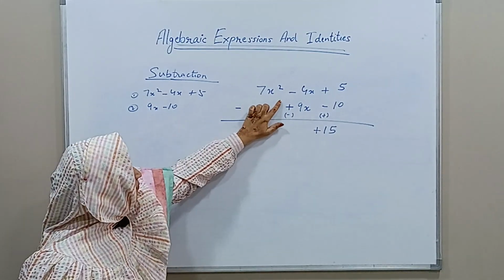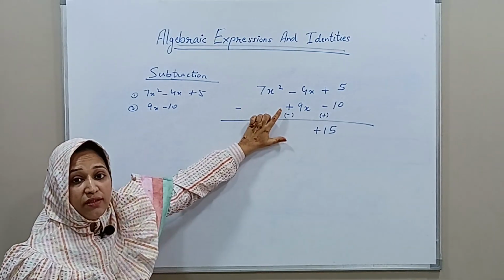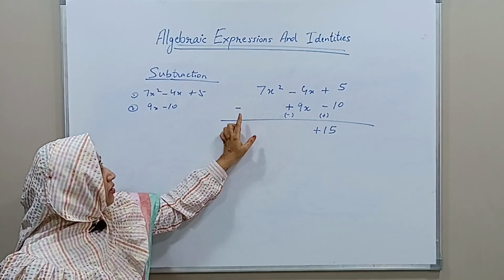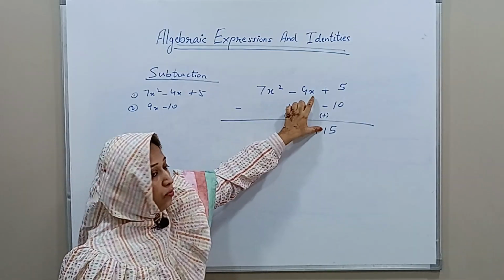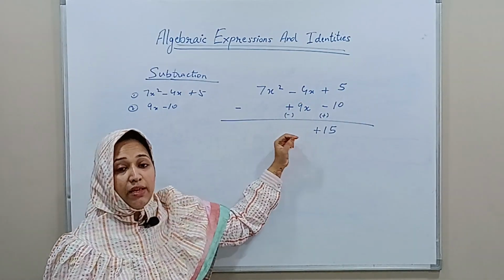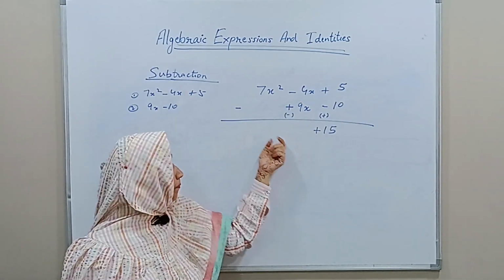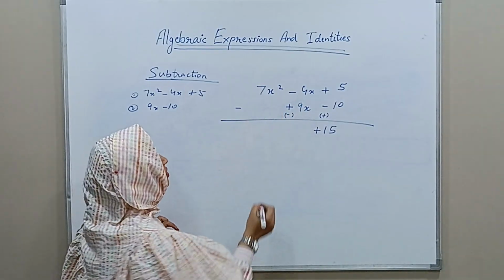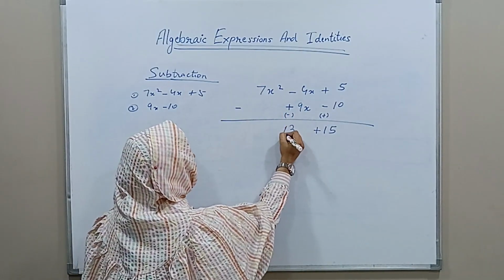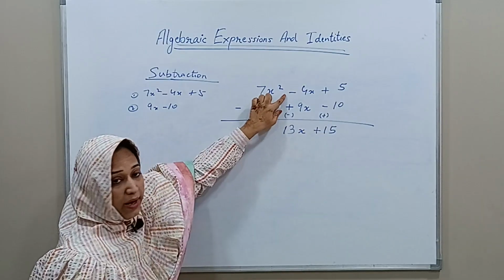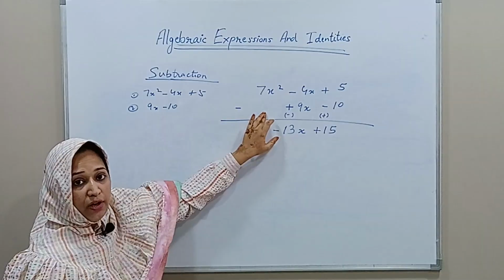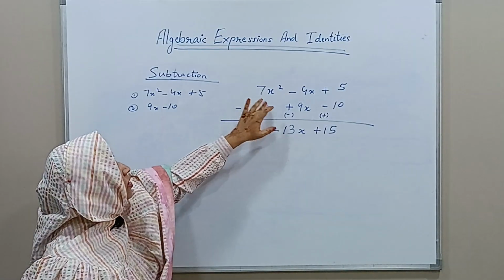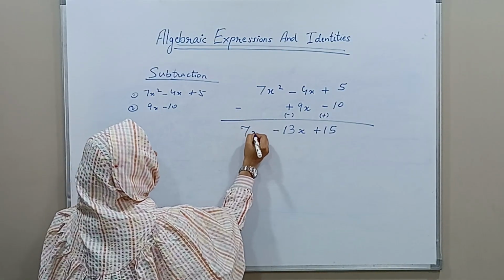Again here, the sign of the term is plus, but we are subtracting. Minus into plus is minus. Minus 4x minus 9x, the signs are same, we will add them. 9 plus 4 is 13x. And since we have a minus sign, it will be minus 13x. And we do not have any term here in the second expression. So 7x square will be as it is.